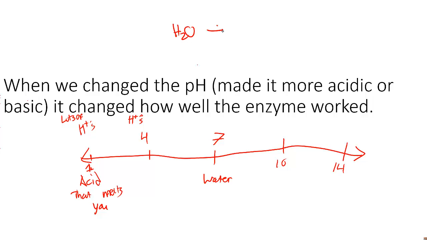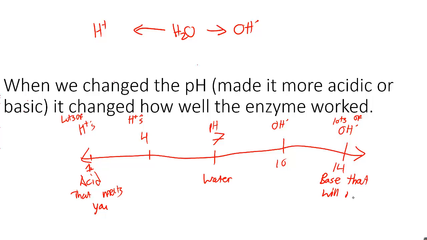It can turn into OH negative or H plus. So water's in the middle at pH of 7. At pH of 7, it can also become basic, and we can get some OH negatives or lots of OH negatives. And that is basic, and it's a base that will melt you. Just like acid, it will melt you.